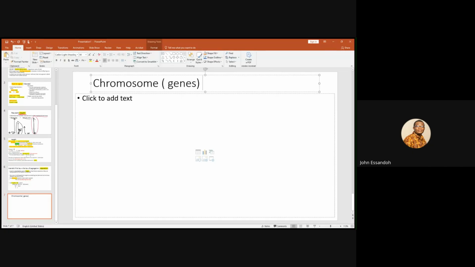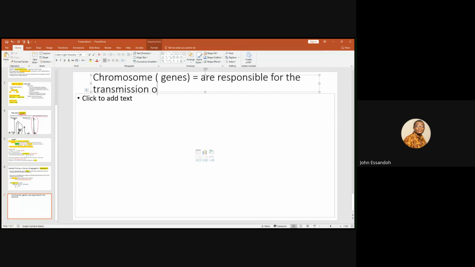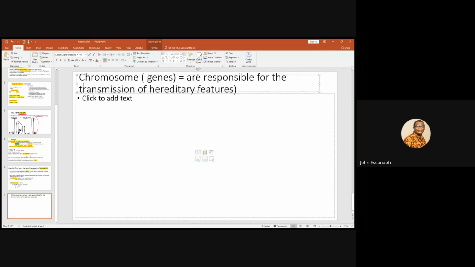And remember, these genes are responsible for the transmission of hereditary features.